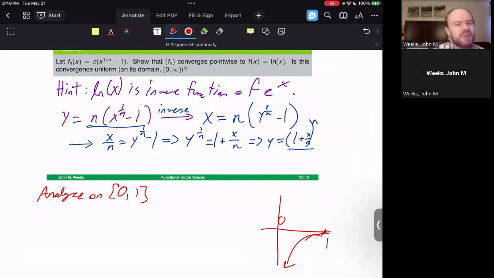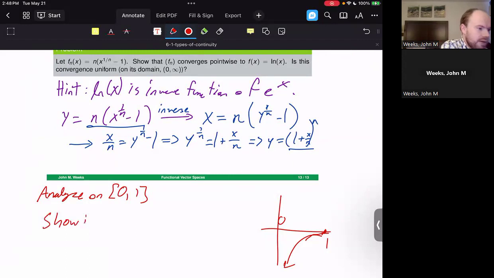If I took x equals 1/2 and then started taking bigger and bigger roots for it, I'm asking what number, if I take it to its nth power, gives me 1/2. Well, that's going to have to be a number pretty close to 1. So this number right here is going to be a negative number, but pretty small. And this value n right here is going to keep trying to push it down a little bit farther to counteract that. But at the end of the day, you might want to try and do this.